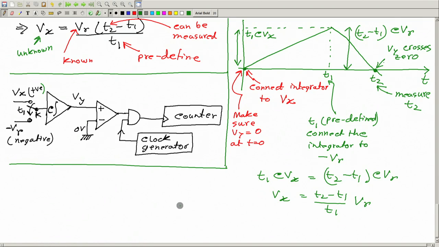Right. So, this is the period when the integrator is connected to the Vx.